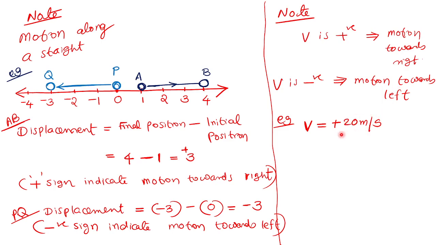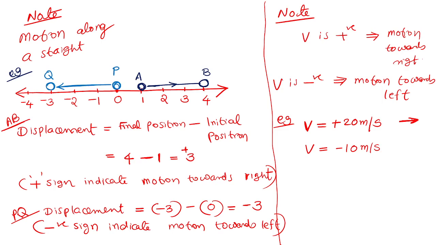Plus 20 meter displacement means that the body is actually moving towards right. A body has the velocity minus 10 meter per second, meaning that in 1 second it will get minus 10 meter displacement.